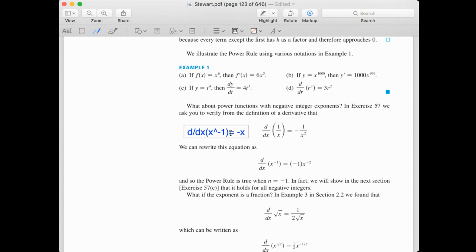So that becomes negative x to the -2, or -1 over x squared. So the power rule works for any polynomial and polynomial-like function. That's for 1 over x.